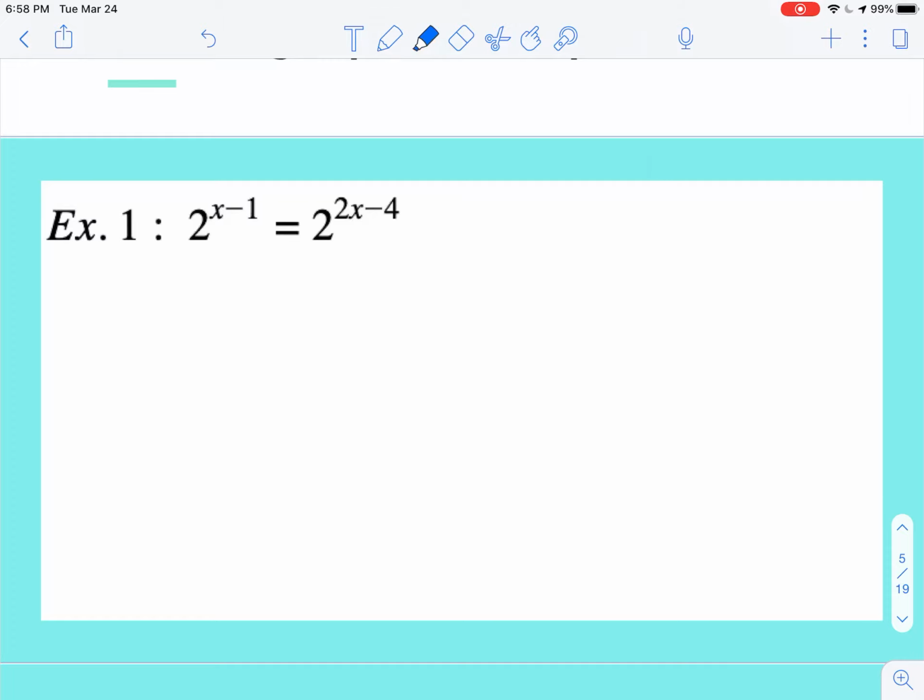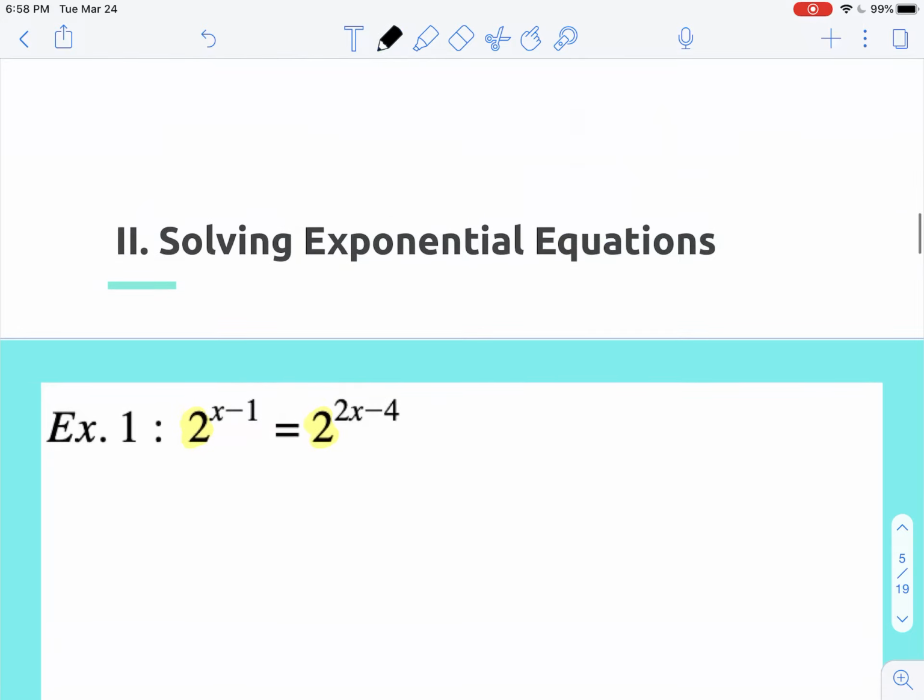One thing that you'll notice about this question is that the bases 2 and this base 2 are equal to each other. And so really we're saying that the things in the exponents, x minus 1, has to be equal to 2x minus 4.